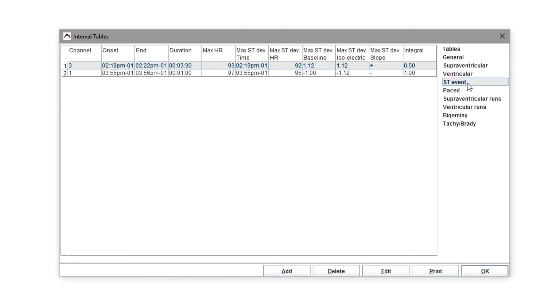Data in this table include the channel in which the event was detected, the time of day at the start of the event, the time of day at the end of the event, the duration of the event, the maximum heart rate calculated during the event, the time of day of the event's maximum deviation from the patient's baseline, the heart rate during the event's maximum deviation from the patient's baseline, the ST segment measurement deviation from the patient's baseline, the ST segment measurement deviation from the isoelectric, the slope of the ST segment event at the point of maximum deviation, and the integral of the event.